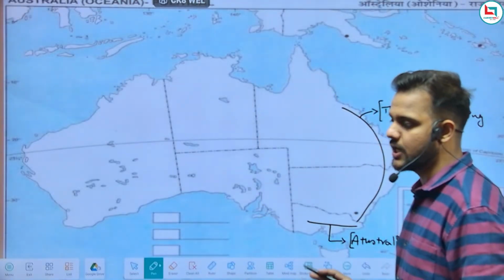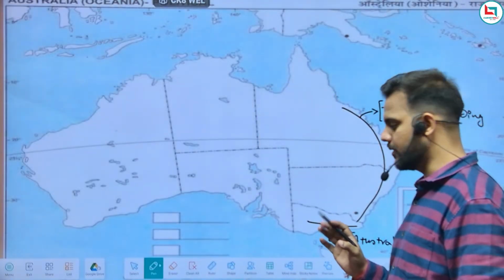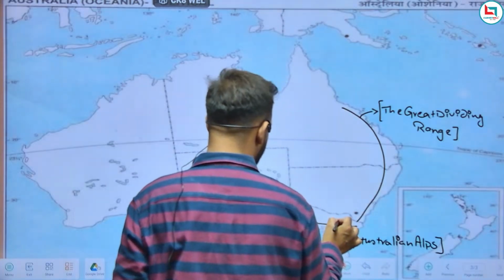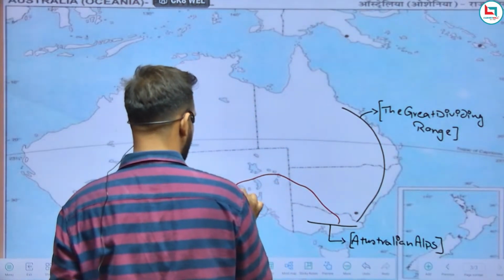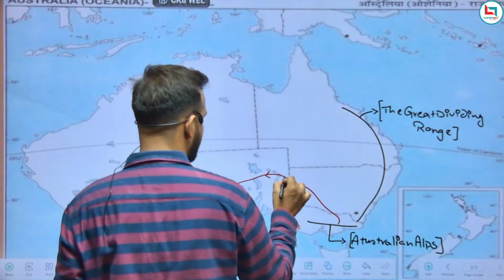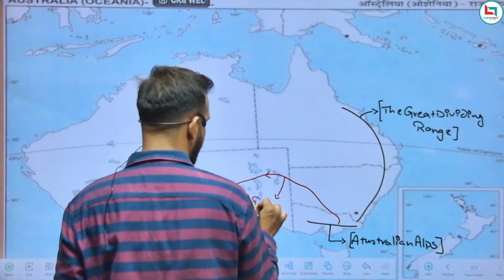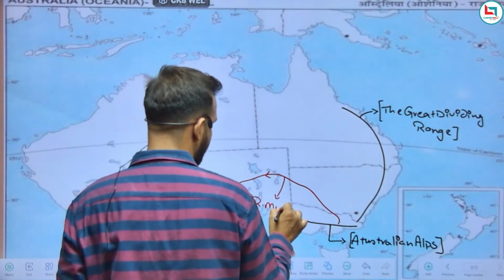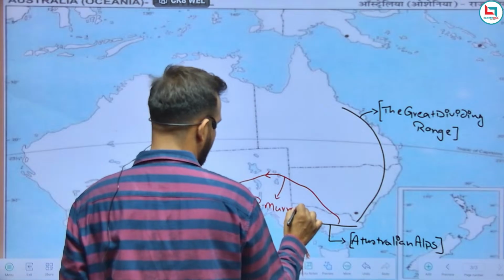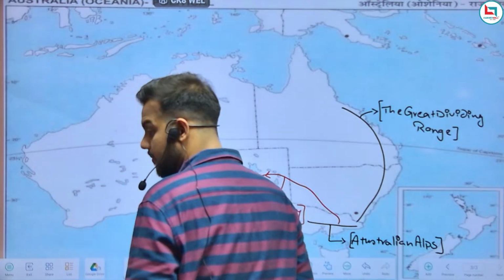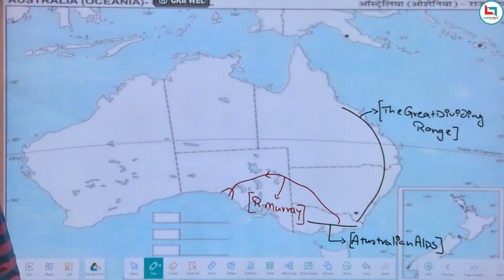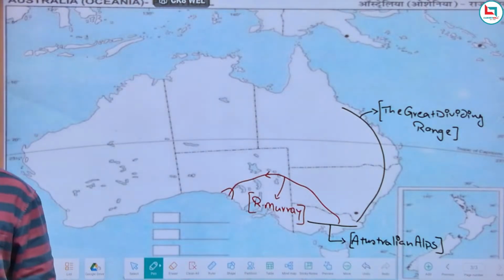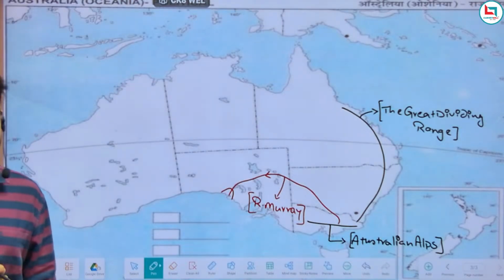Now, guys, in these Australian Alps originates the next major river of Australia, which is known as River Murray. This major river Murray drains in Encounter Bay.